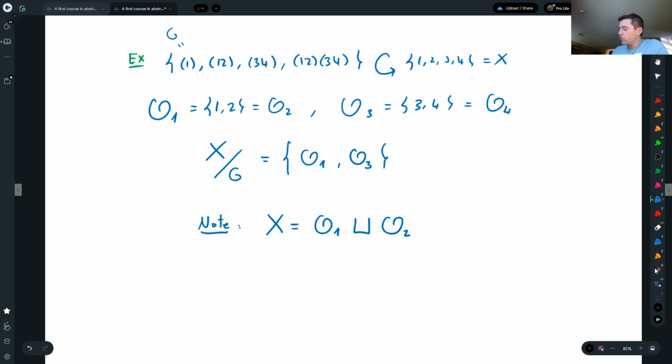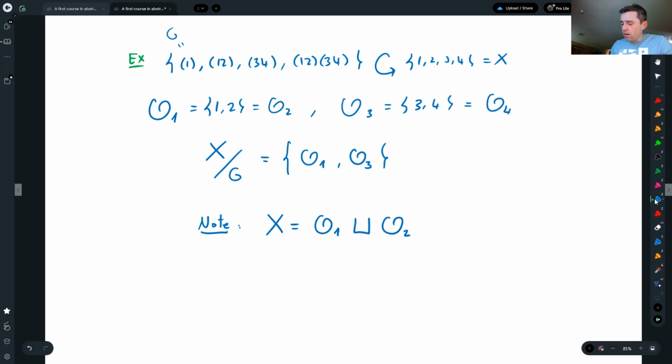Here there are two orbits, and X is partitioned as a disjoint union of orbits. That happens in any set of equivalence classes. You can pick equivalence classes that are disjoint and then partition your set X as a disjoint union of equivalence classes.